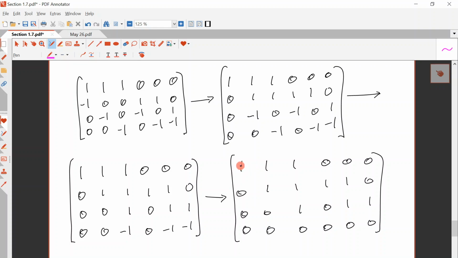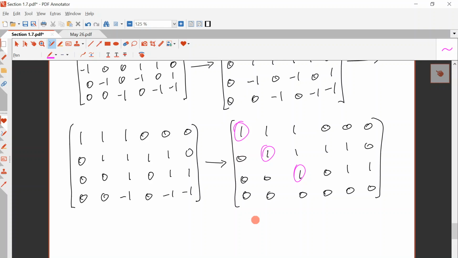Okay, so pivot columns are 1, 2, and 3. So where is my linearly independent set of vectors? It's not these.